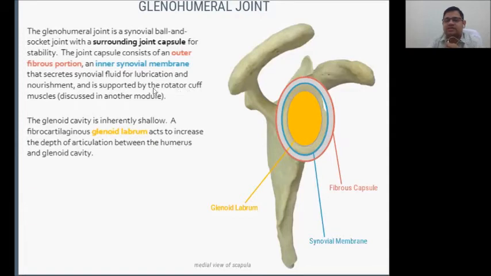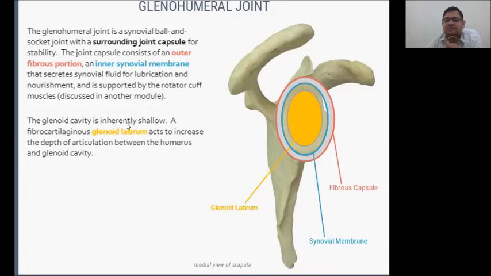It is supported by the rotator cuff muscles, a group of four muscles: SITS, supraspinatus, infraspinatus, teres minor, and subscapularis. They cover this whole joint from all sides except the inferior side. That's why it is most commonly dislocated from the inferior side.